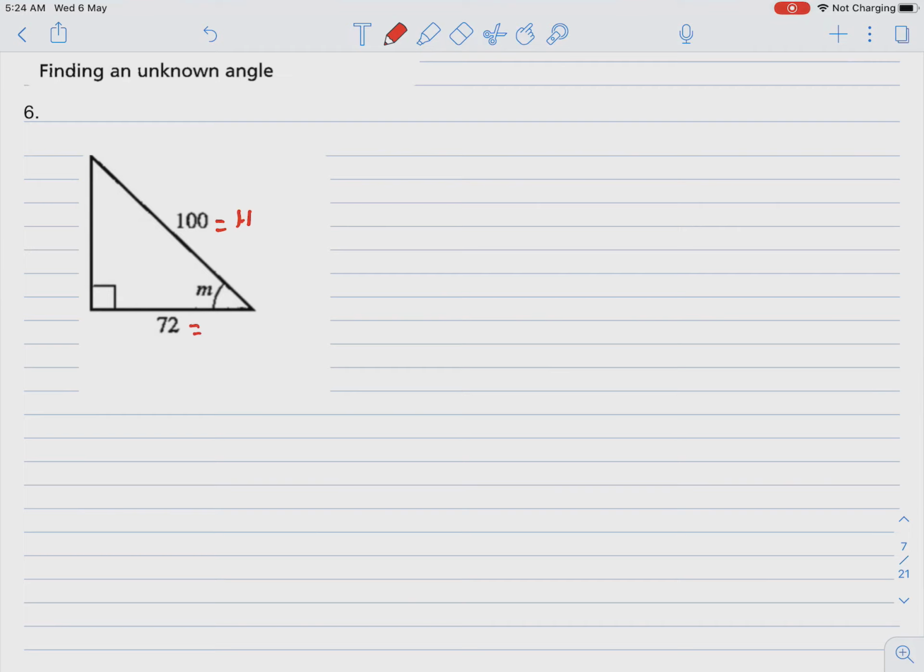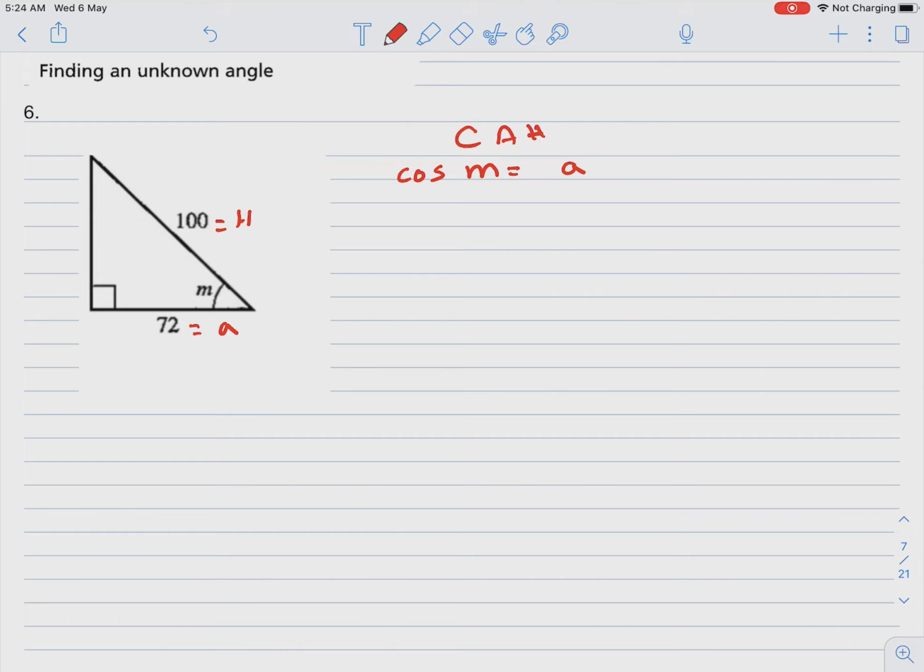The 72 is the adjacent. So I have adjacent and hypotenuse. So what will I do? I will say cosine M is equal to adjacent over hypotenuse, because you know the rule.